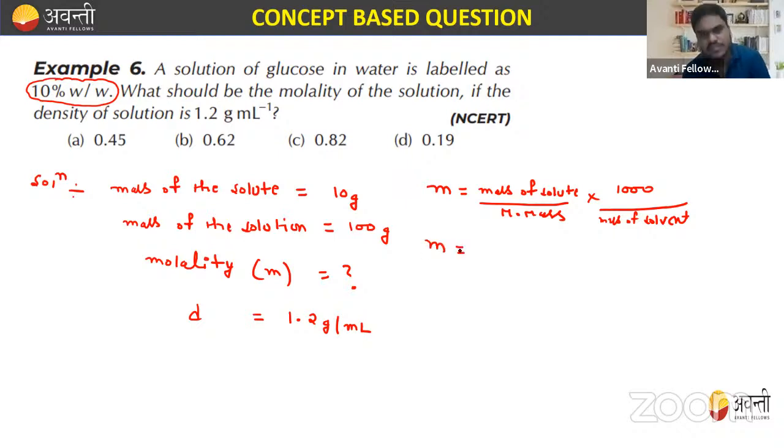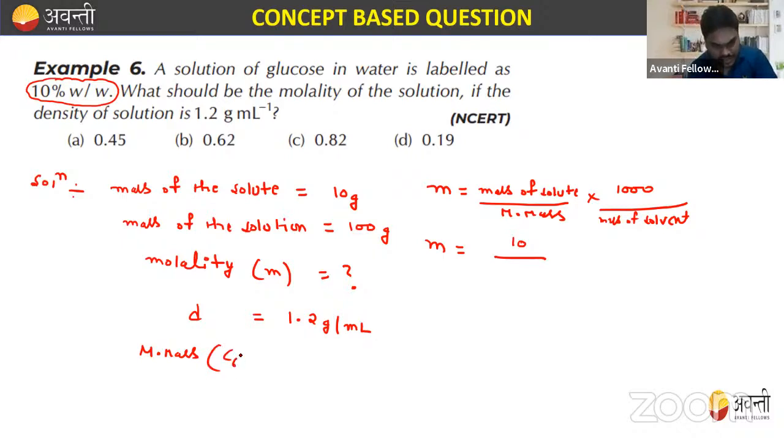Now what is mass of solute here? We know that mass of solute is nothing but 10 gram. What is the molar mass? So, a solution of glucose. We all know glucose has the molecular formula, what beta? What is the molecular mass of glucose? Can anyone explain?